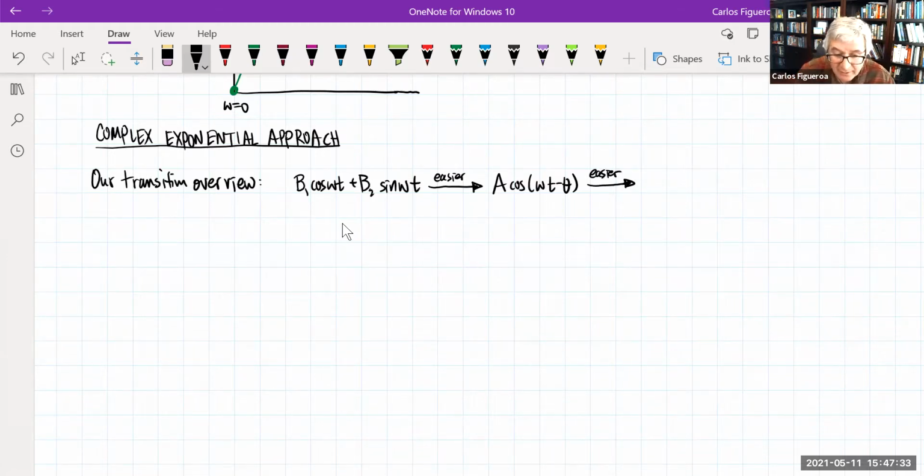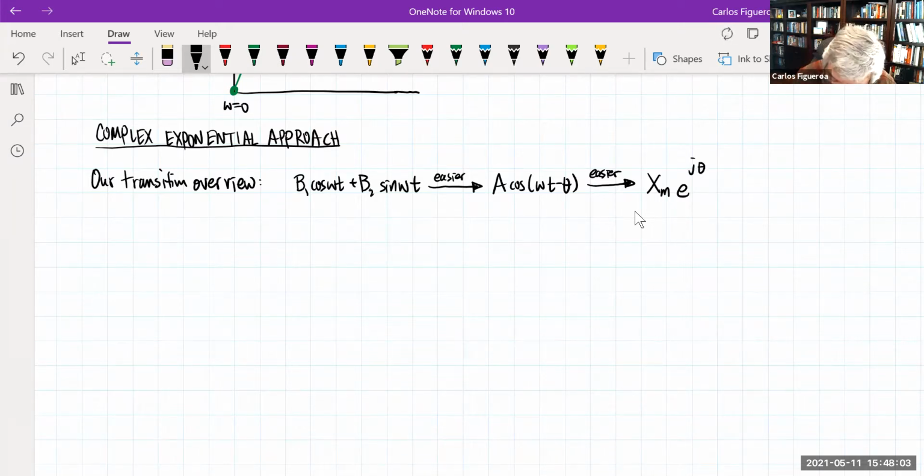The easier way is that we're going to use a complex exponential form, and here's how we're going to write it: x of m e to the j theta.